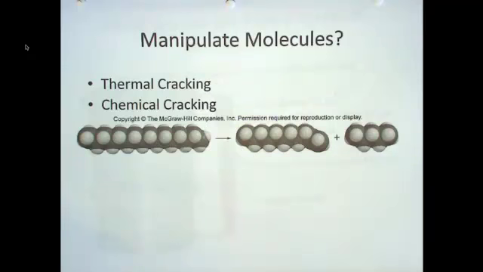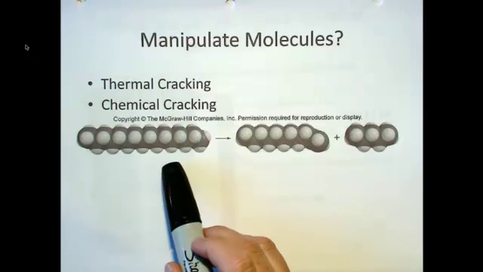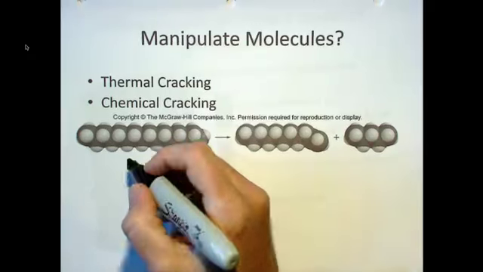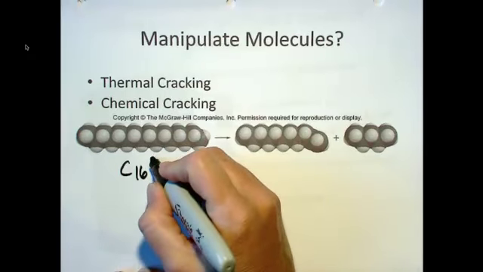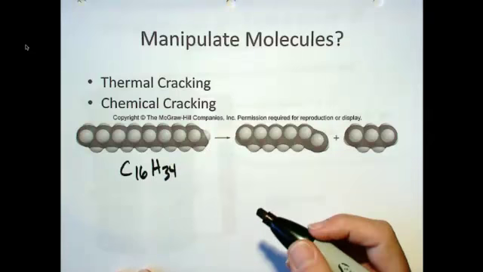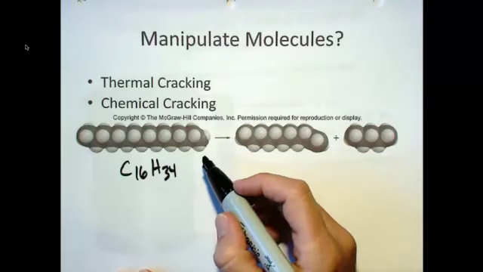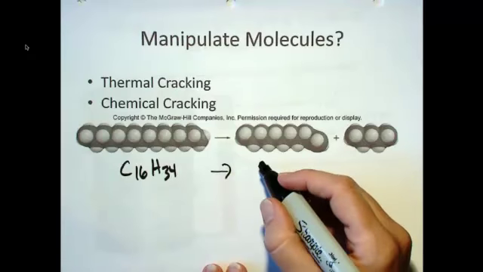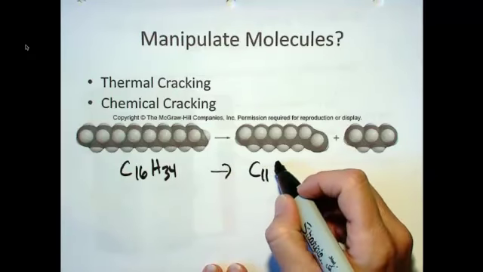Literally, thermal is just high heat, subjecting this larger hydrocarbon, in this example C16H34, which is too big for gasoline. You can subject it to high heat, and it will crack. It will break into two smaller molecules.